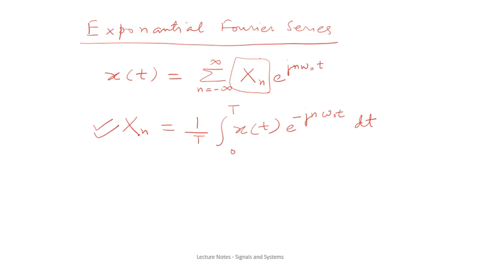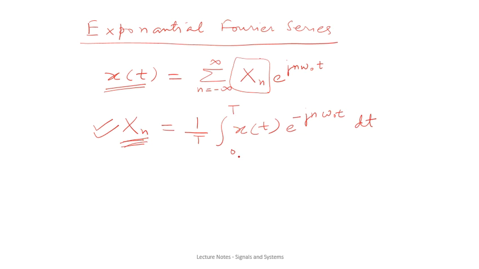By using this expression you can calculate the exponential Fourier series coefficients of the signal x(t). So first you have to find the coefficients using this expression, and then you have to put the values of these coefficients in the expression for the Fourier series.